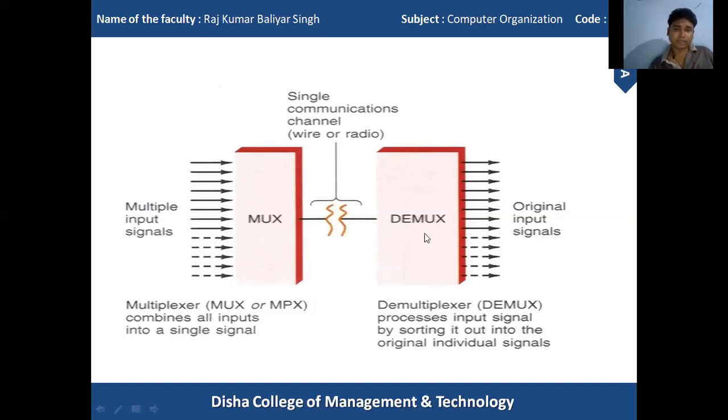And on the DMUX side it receives that signal over this single line, and transfers it to different connected devices, that is, 2 to the n connected devices can receive that signal.